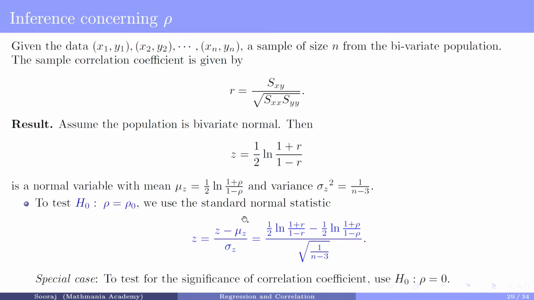So to standardize it, we subtract the mean from z and divide by the standard deviation, right? That is how we get a standard normal statistic. With this we will make the hypothesis testing. If you are testing for the significance of the correlation coefficient, we let rho equal 0. That would be the null hypothesis.